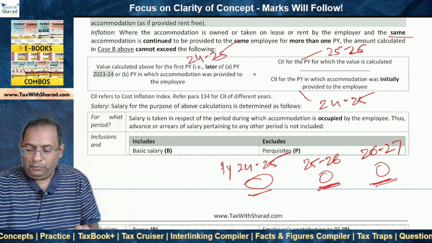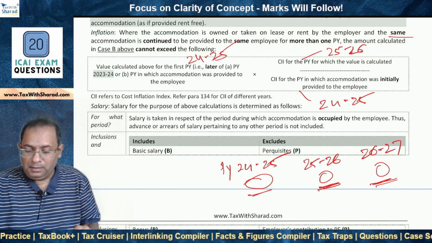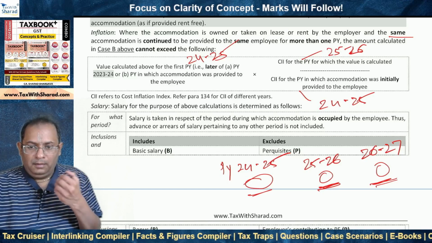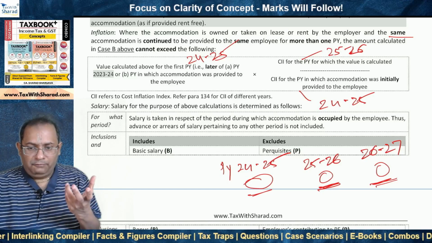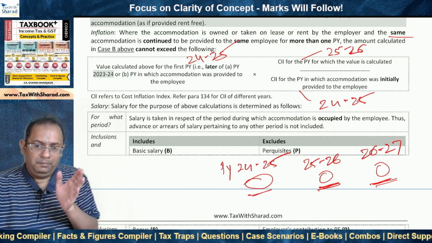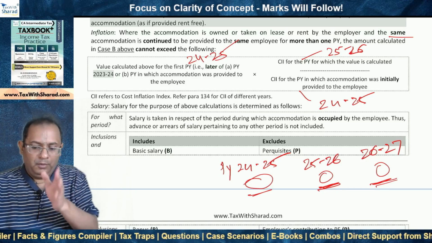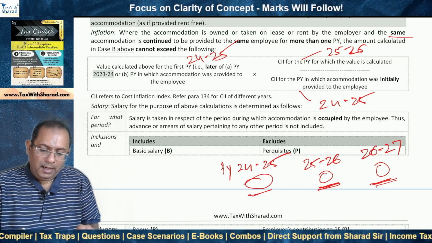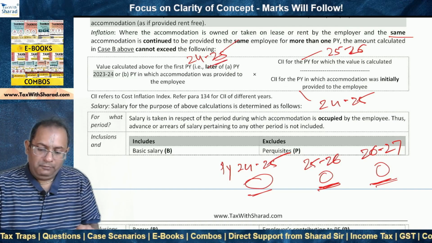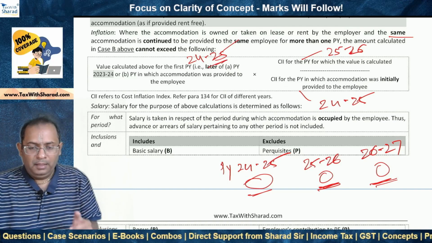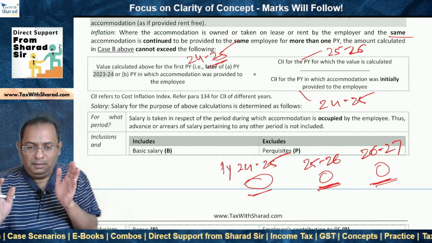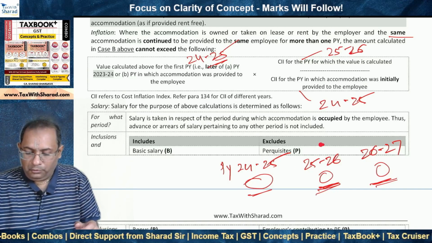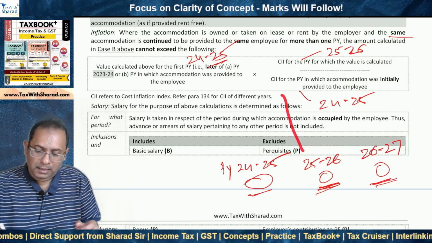CII for 25-26 will obviously be more than CII for 24-25, so it will be a positive fraction, more than 1. So when we apply this, the value calculated for 24-25 will rise to a certain extent, and that will be the limit. The actual value of perquisite that we figure out for 25-26 cannot exceed this value that we compute.